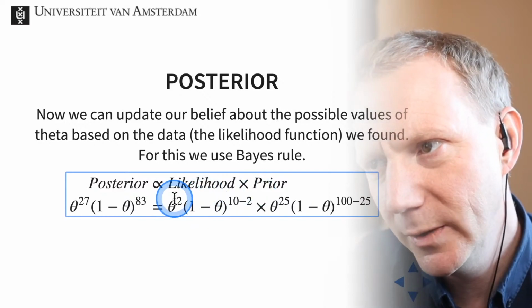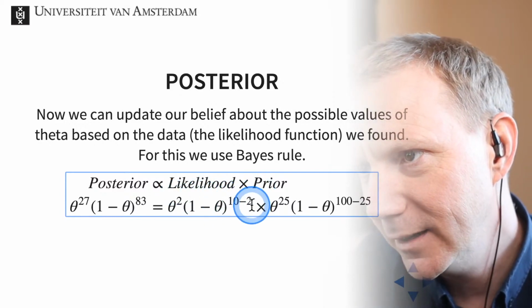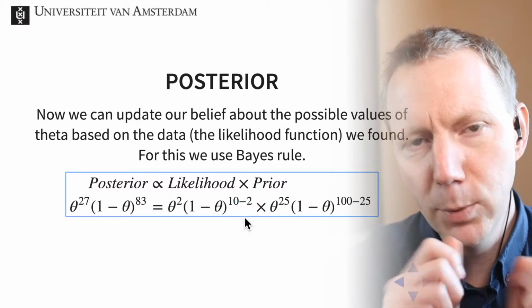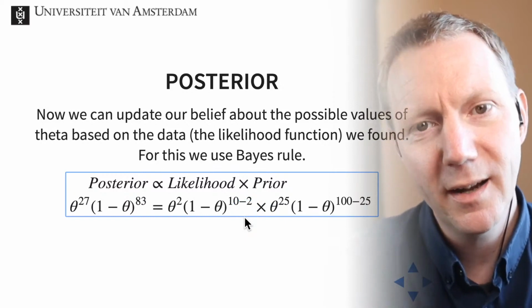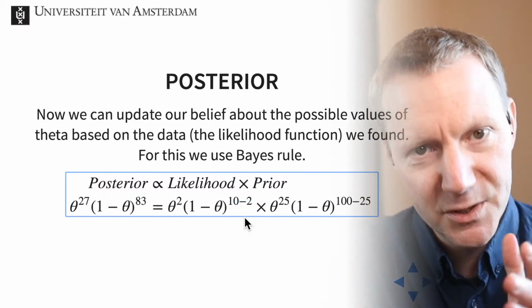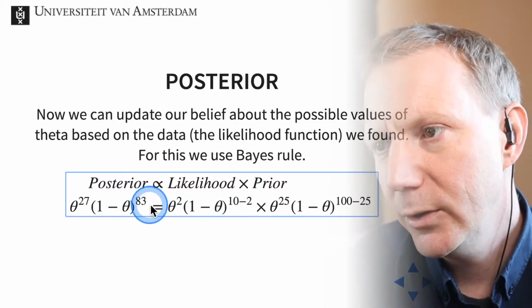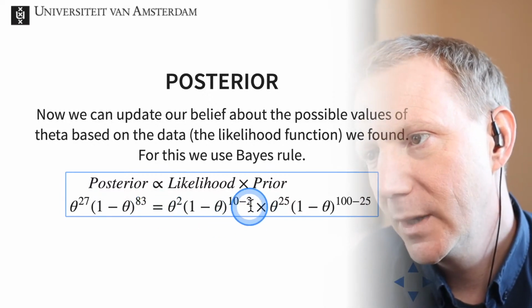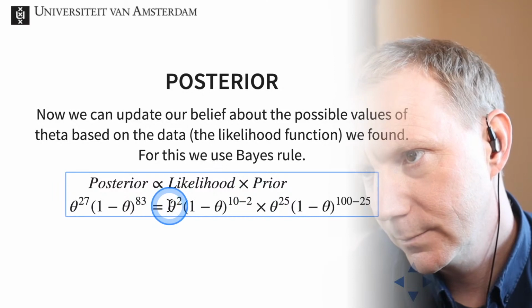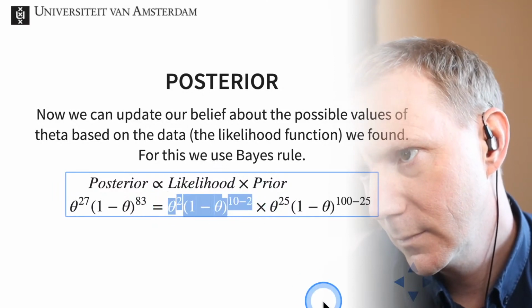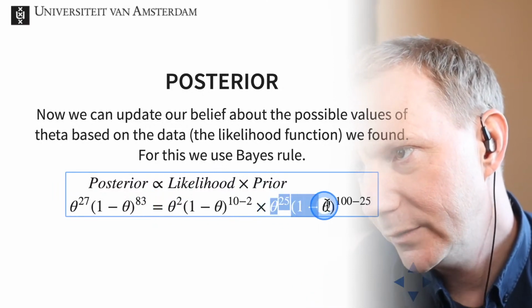The fact that you have 2 here and 8 here means that if you plug in all the possible values of theta, you get the shape that we've seen previously. So now you are multiplying this distribution with your prior belief distribution.